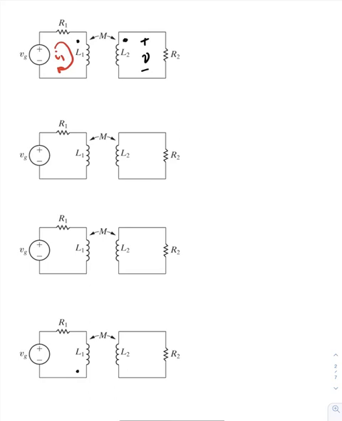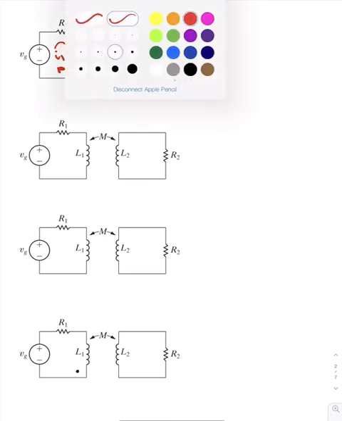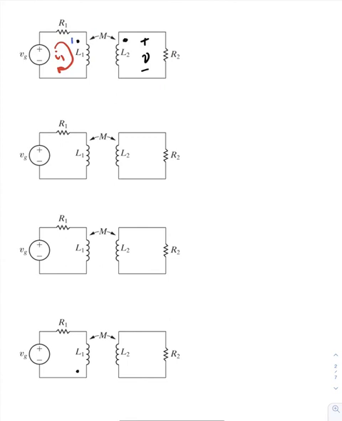This current is entering the dotted terminal, so it's positive at the dot.